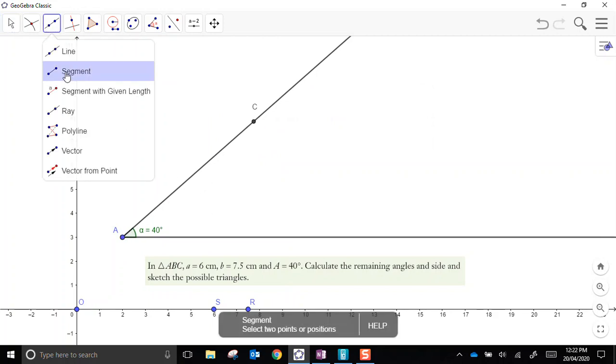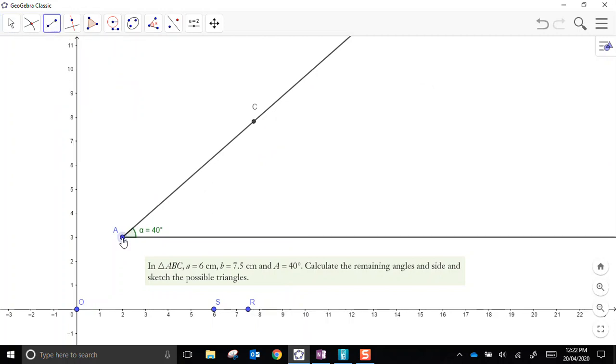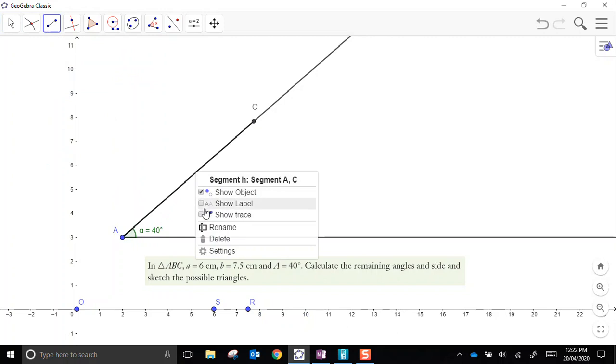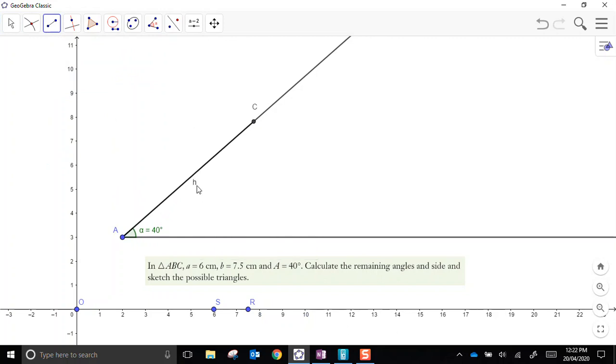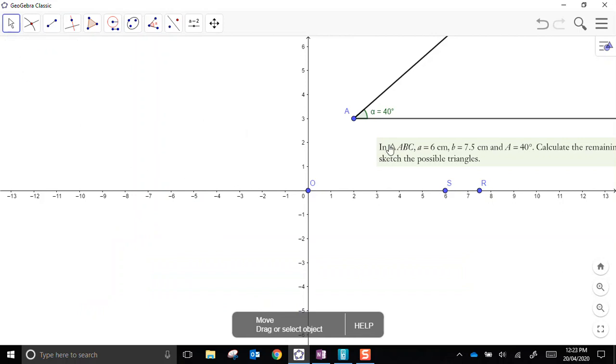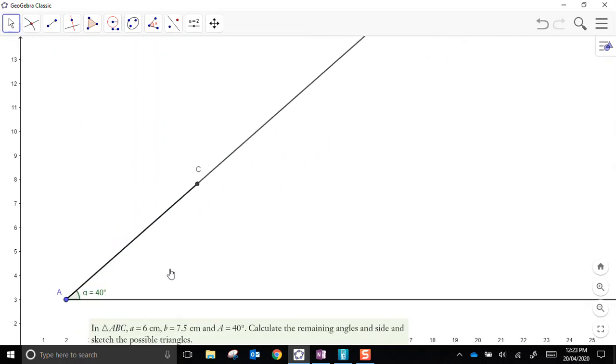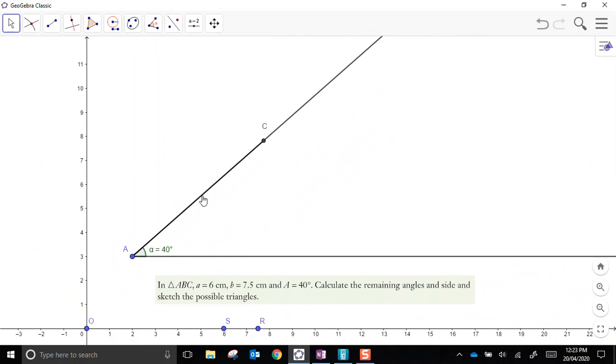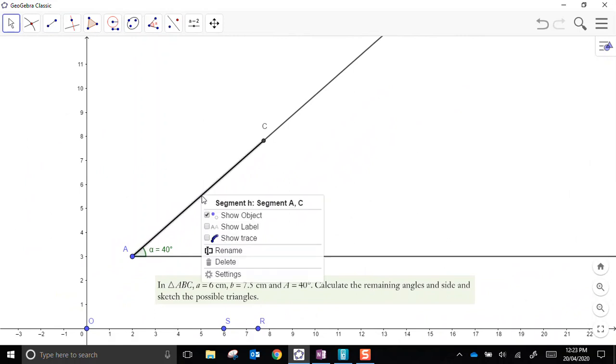I might draw a line segment from A to C. Now I'll show the label for that segment. It's called H. Oh dear, I pressed the wrong button then, didn't I? Oh, lost control of GeoGebra for a minute. So is my line segment still there?